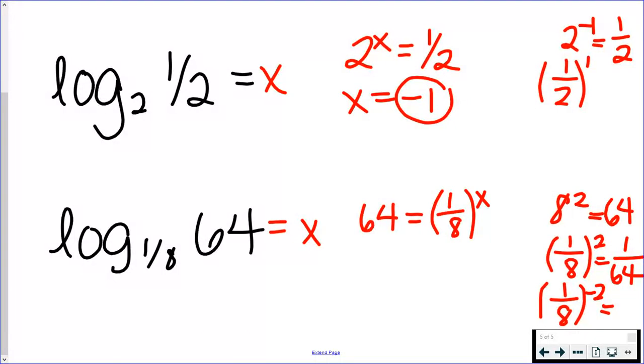Then I square it. I'm having trouble in the corner here, but it equals 64. So x would have to be -2 in order for that 1/8 to flip and then become 64.